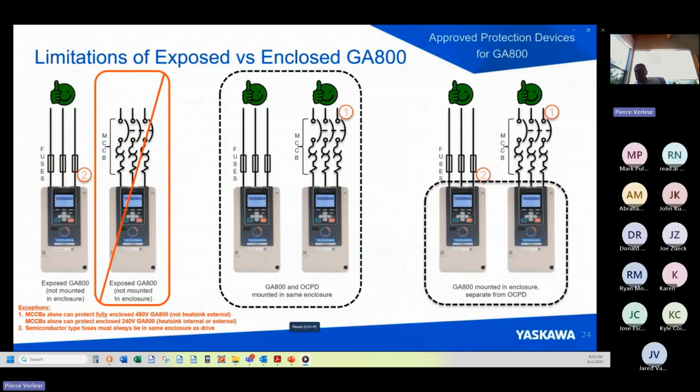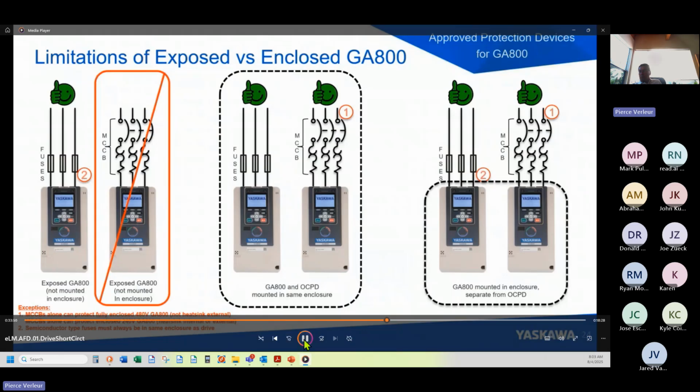And the other thing that I had mentioned before is Yaskawa's position is that when a circuit breaker is protecting the drive, we want to see not only the drive, but the entire drive, including its backside, in the same enclosure if it has capacitors on the backside. Okay, so those are some exceptions.